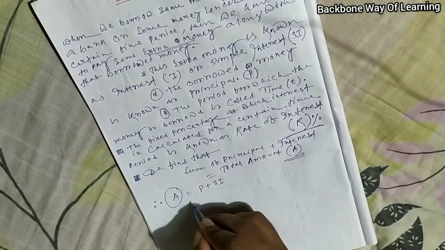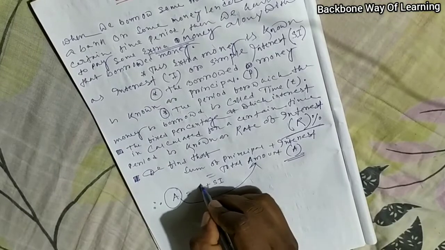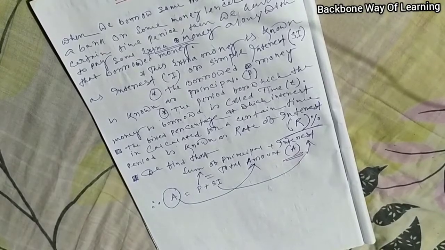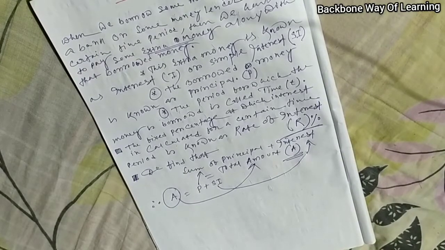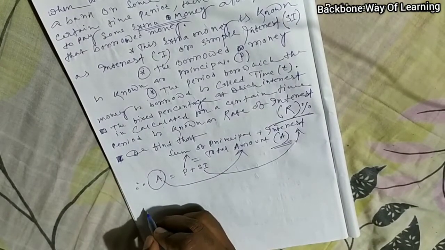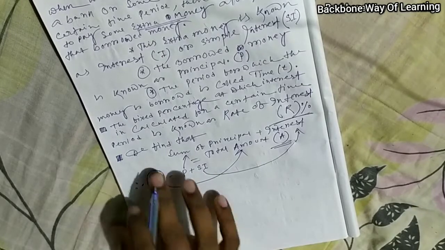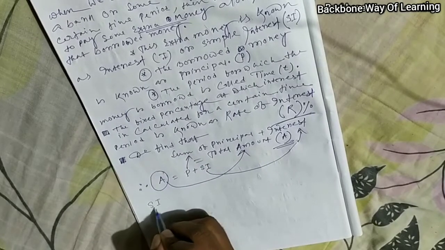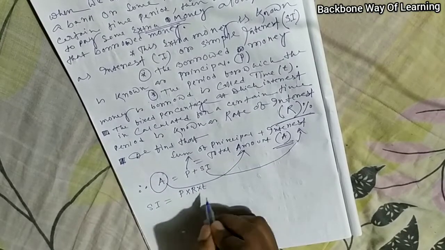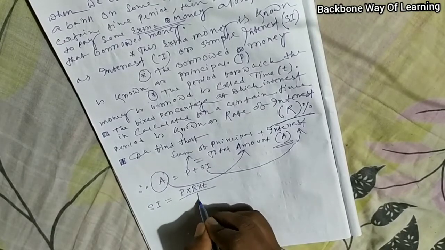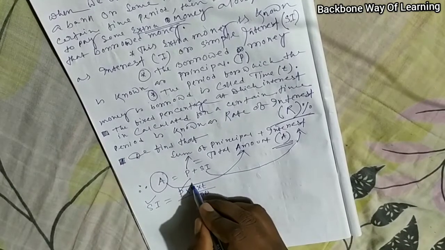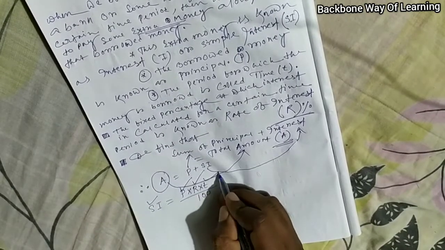A for total amount, P for sum of principal, SI for interest or simple interest. Then this is the formula of simple interest: SI is equal to P into R into T by 100. P is equal to principal, R is equal to rate of interest, and T is equal to time period.